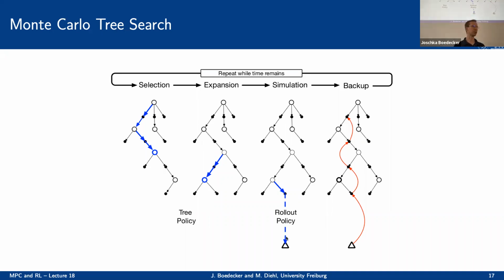In AlphaGo, it was additionally extended with some other ideas, where you would also learn a policy to select these nodes in the tree that you would want to examine and start your expansion from and do the simulation from. And you would also learn values that were mixed with the Monte Carlo returns that you would get.